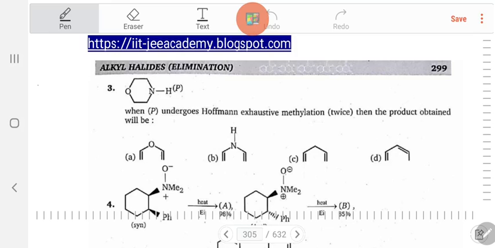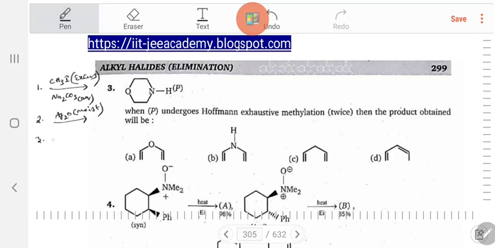Hofmann exhaustive methylation conditions: first we have to use excess of methyl iodide in the presence of weak bases like aqueous sodium carbonate or potassium carbonate. In step 2, we have moist silver oxide.